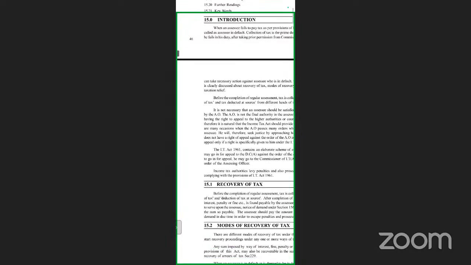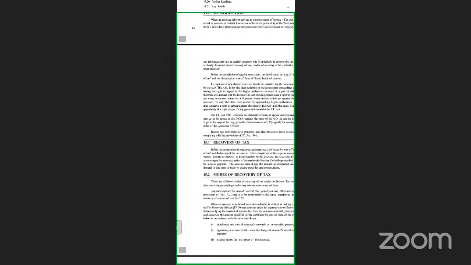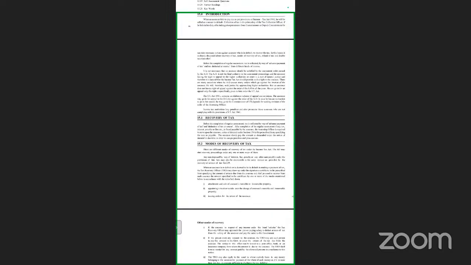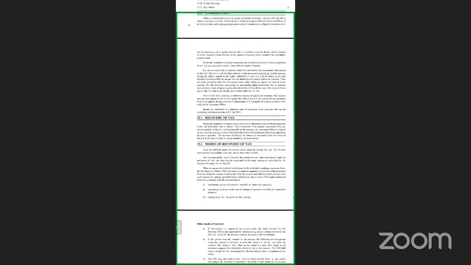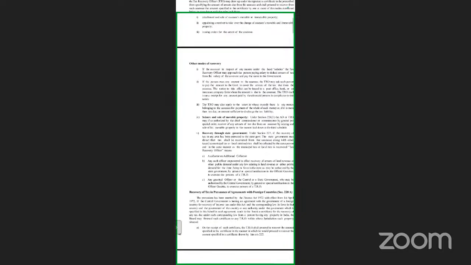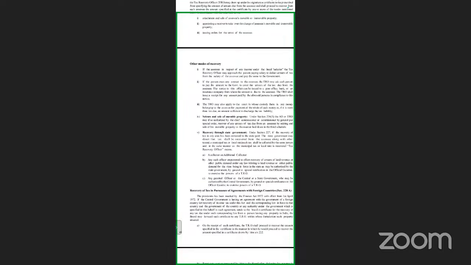Other modes of recovery: he can sell or seize movable properties, recover through the state government, or seize the salary account, post office account or bank savings, and recover the amount from the SSC.